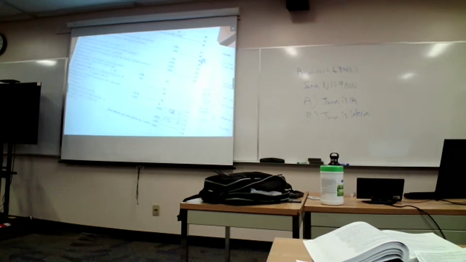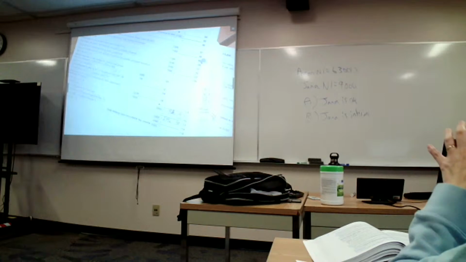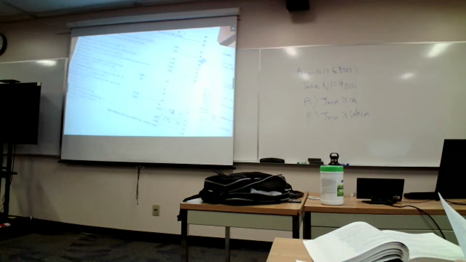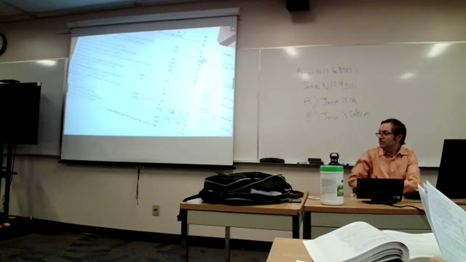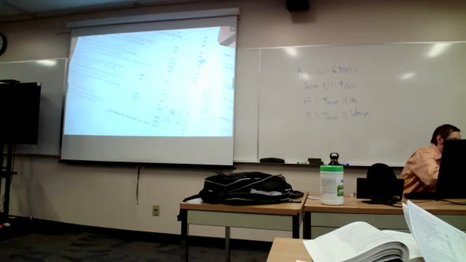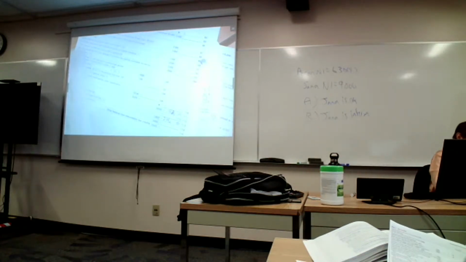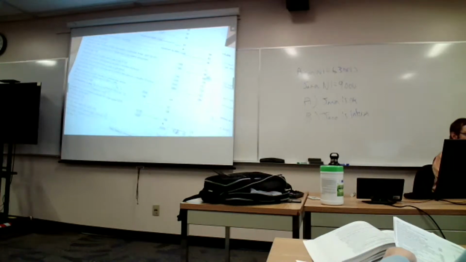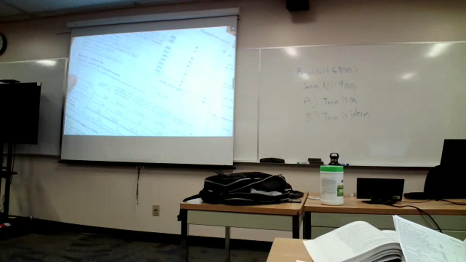So his wife also claims on her T1. Do exactly the same, but line 30300 is 0. So what's it going to look like on her return? Let's say this is Jana's return.